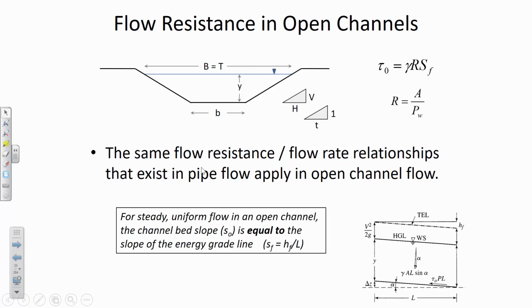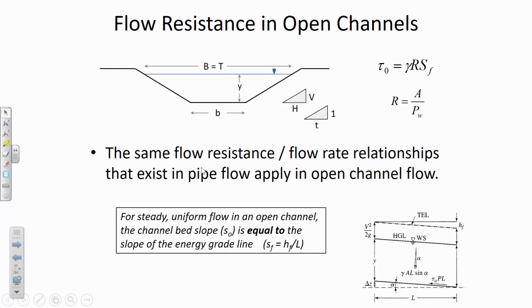But one of the differences here between what we were just talking about for pipes is that the slope of the channel and the slope of the energy grade line are equal if the flow conditions are steady and uniform. Remember I said that the pipe slope and the energy grade line slope are independent for enclosed flow, and that's because it's pressurized.